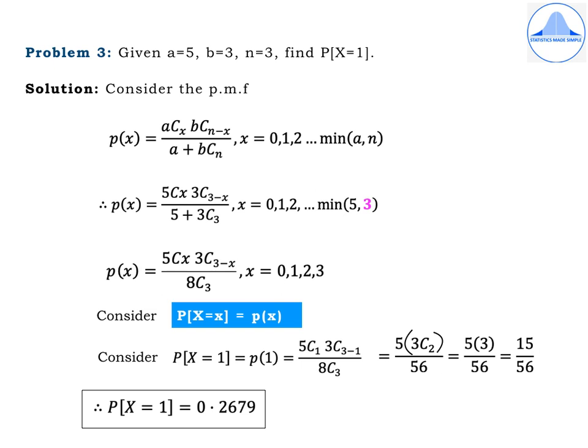Now in the PMF, wherever you have x, replace it by 1. So you'll get 5C1 3C3 minus 1 divided by 8C3, which is equal to 5C1 will be 5, and you'll get 3C2 divided by the denominator is 56, which is equal to 5 into 3 divided by 56, which is 15 by 56, or probability of x equal to 1 is 0.2679.